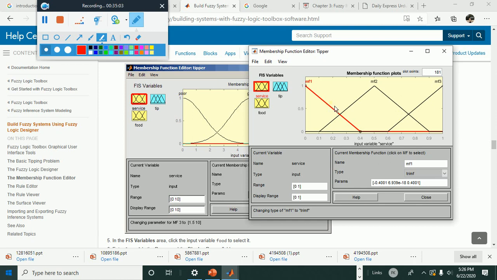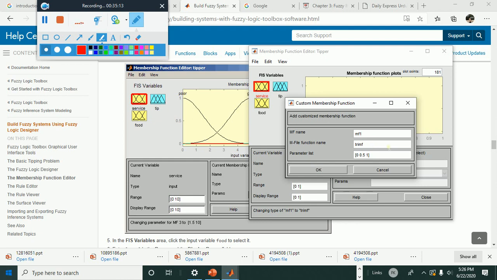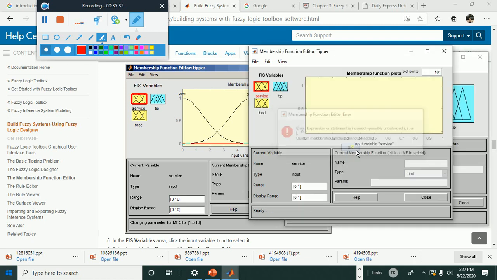There are several ways. For example, you can remove all the mf functions here, and then add custom functions.